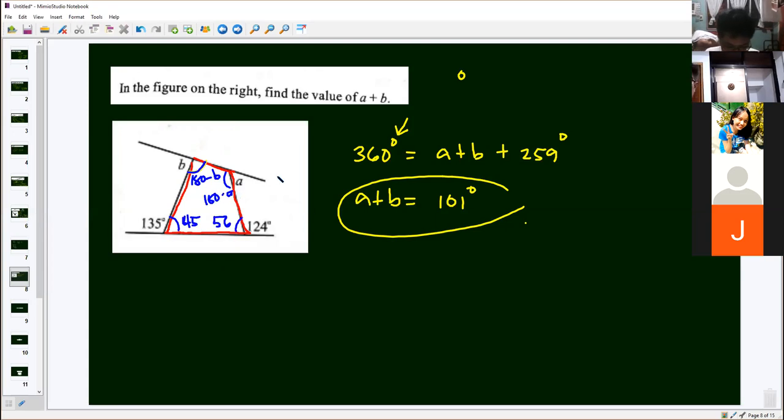So 180 minus B, 180 minus A, plus 45 plus 56 equals 360. Cancel. The quantity A plus B, of course, negative, so A plus B is 101 degrees. No problem. But just use the concept: the sum of the exterior angles of any polygon is 360. Okay, good. Now, let's see. Wait, some chats came in late.